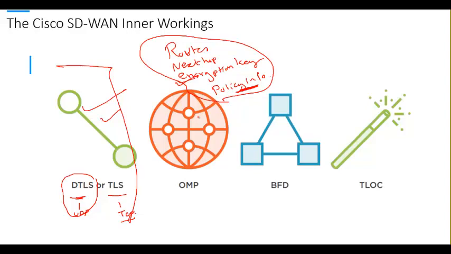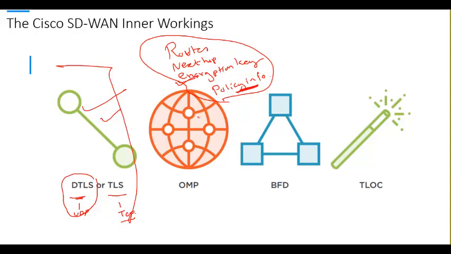But in my early days, somewhere I read some route informations are global, given directly from vManage to the devices. If that is true, then definitely OMP should be between vManage and the devices.